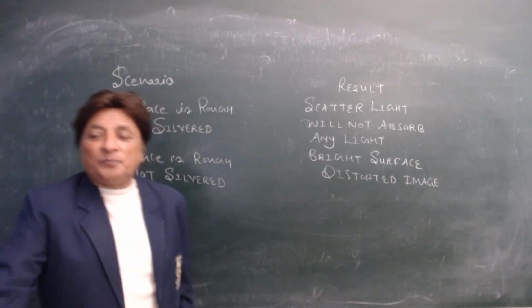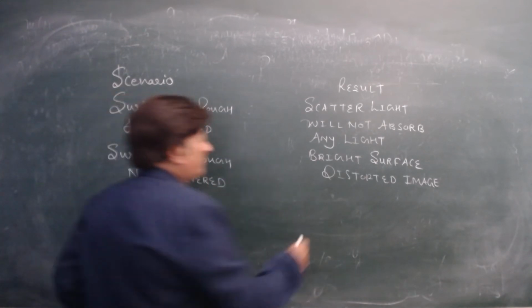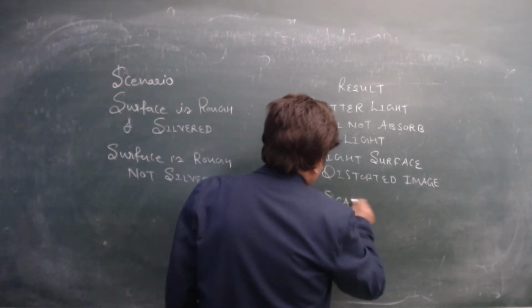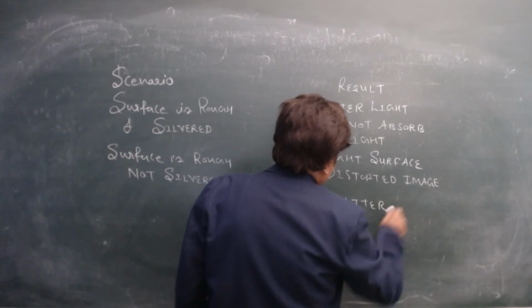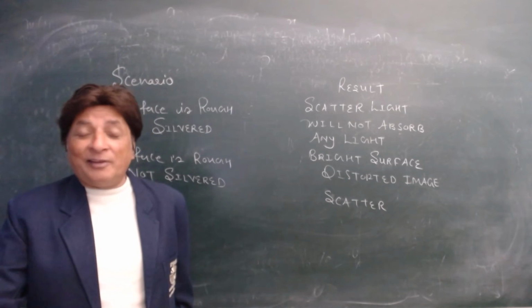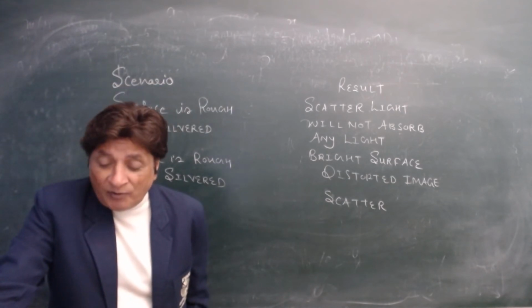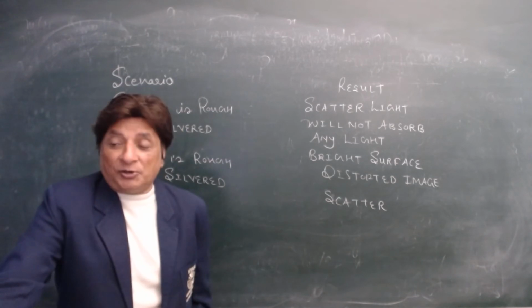Surface will scatter light. Scattering of light will take place whether it is rough and silvered or not silvered. As well, it will absorb some light.